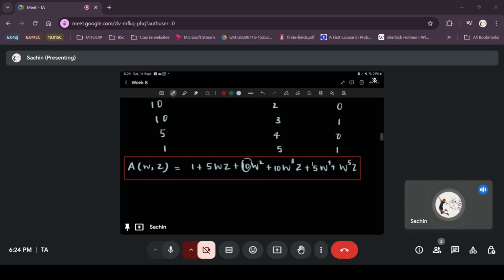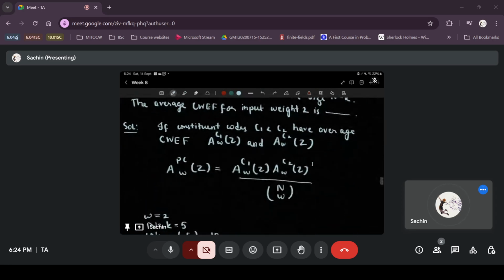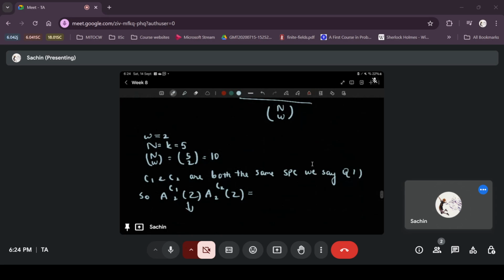This will be different in different codes. It's 10 only in this. This term might have had Z or a combination of powers of Z, so you will have to write that also. Here we don't have Z. Here it's a function of Z, but for our question it's a constant function of Z and its value is 10.